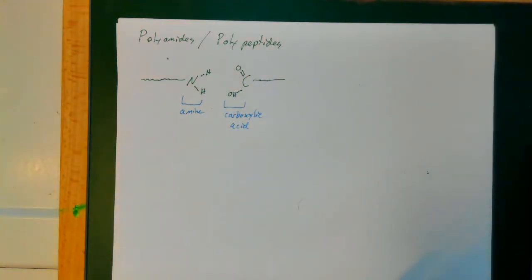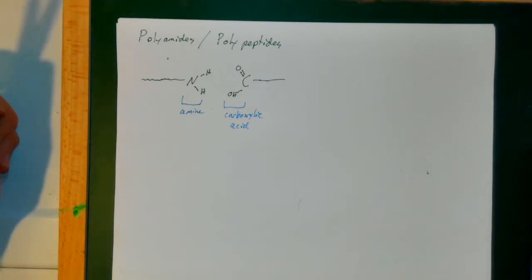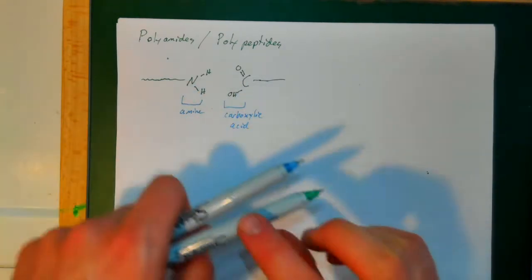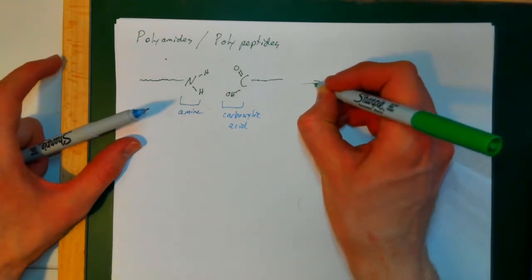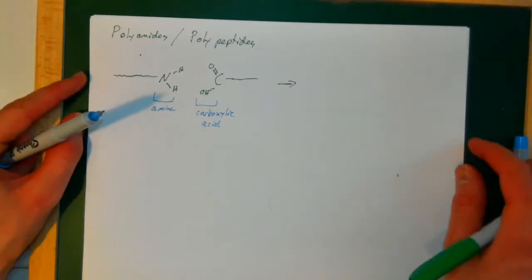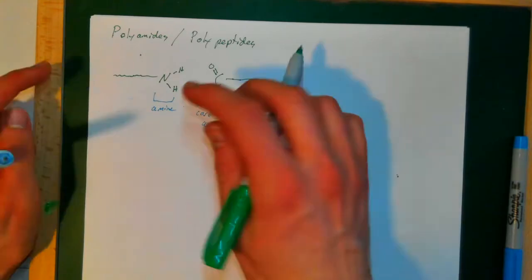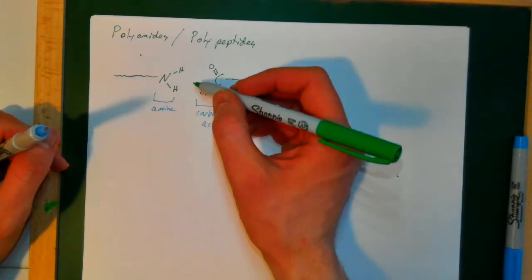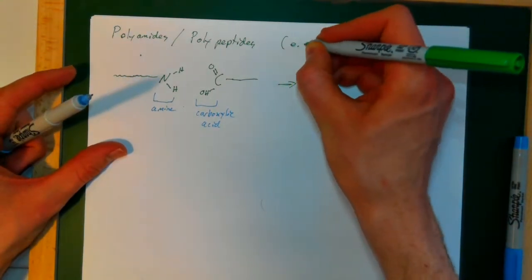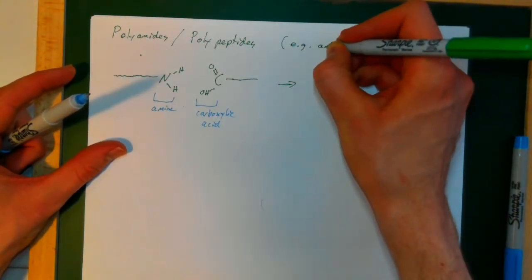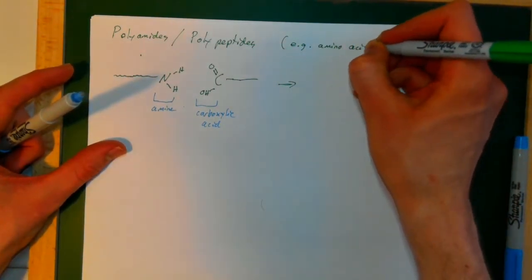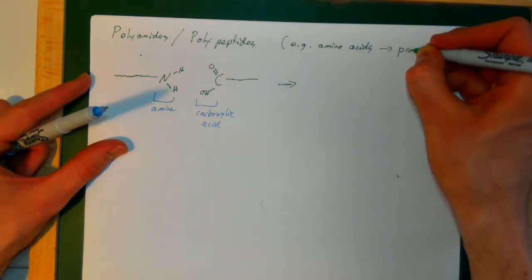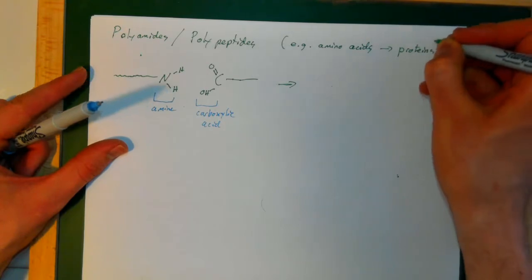well, if you dust off your high school biology notes, you would know that these two groups can react with one another to form a bond. And this is the way that amino acids grow into proteins in our body.